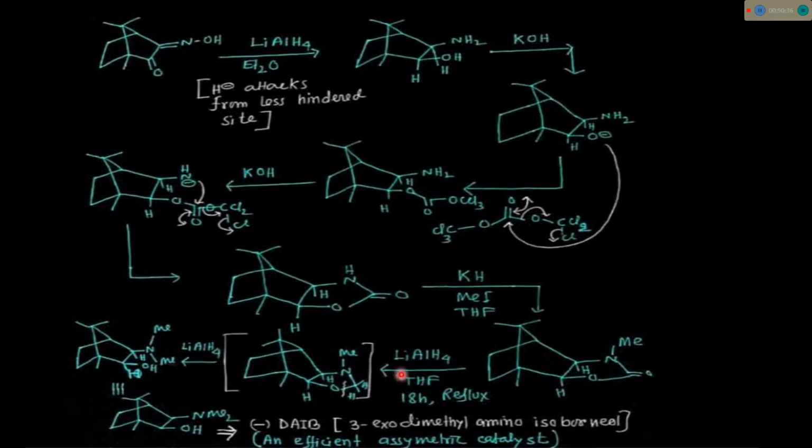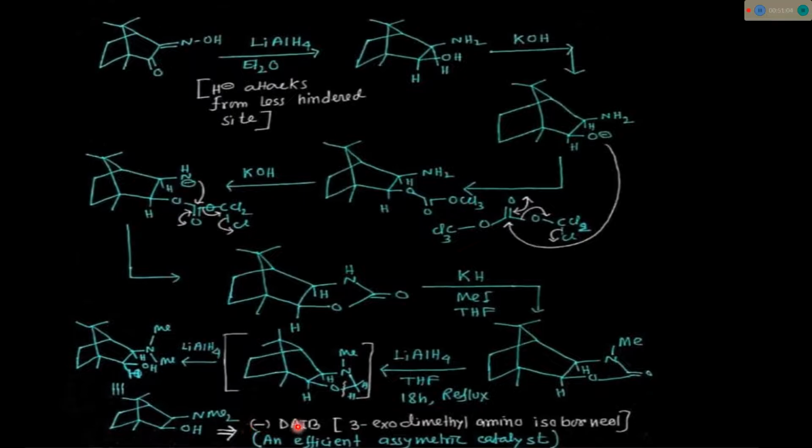So you can think about two ways, but in the paper from where we collected this data, they showed it like this: first amide reduced to amine, then this bond will break to form OH and NMe2. And I think many of you already know this molecule. This molecule, NMe2OH, is known as 3-exo-dimethylamino isoborneol, so it is named DAIB.